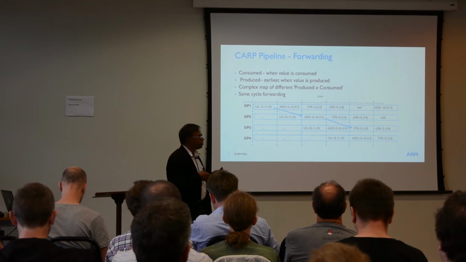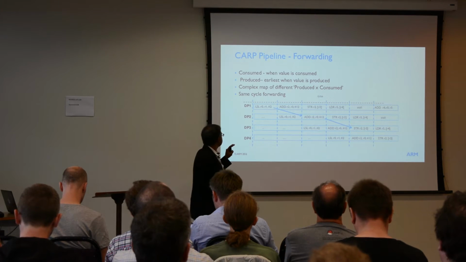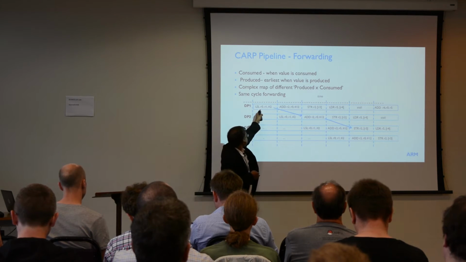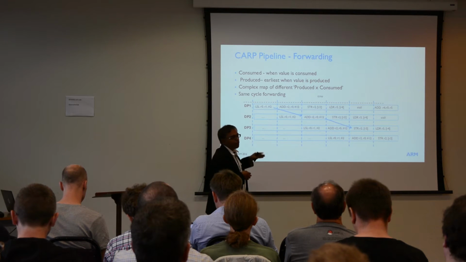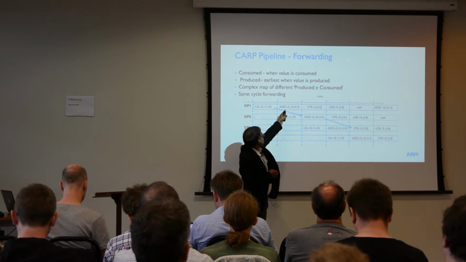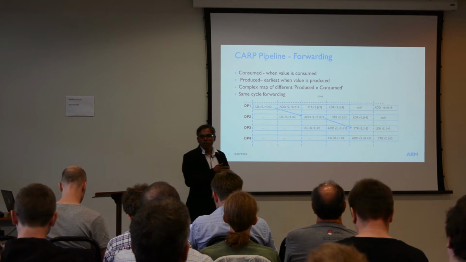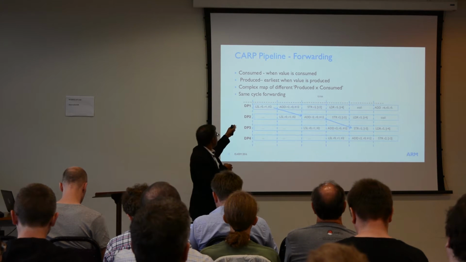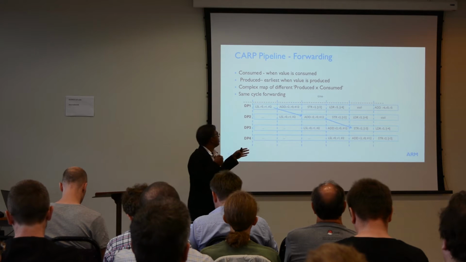Right. So suppose you have this sequence of instructions. You have a shift, and the output of shift, R0, is an input to add, and add produces R2, and that's an input for the store. Now, in very old processors, after you write to R0, only then can you read the input, and then add.